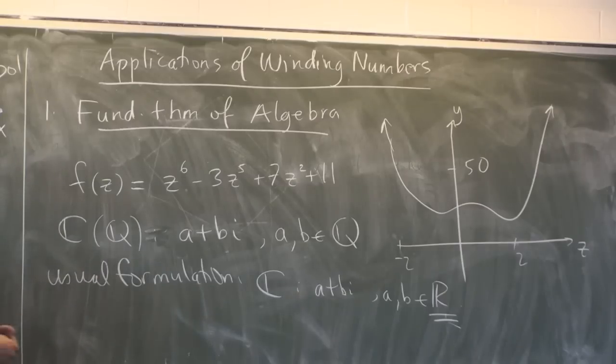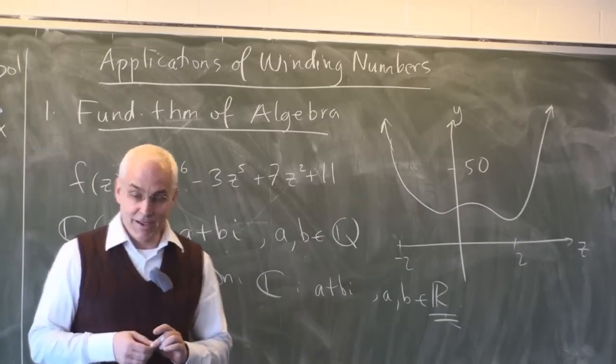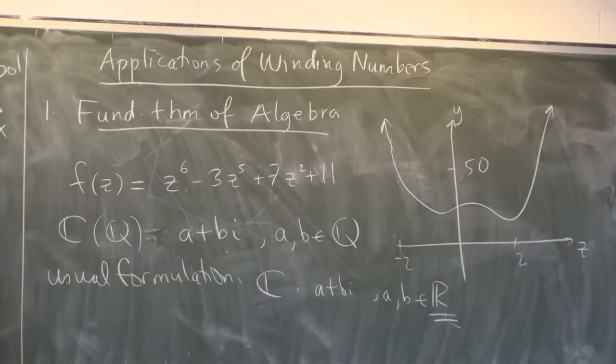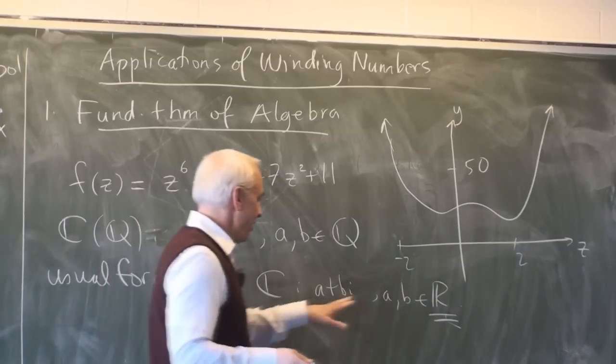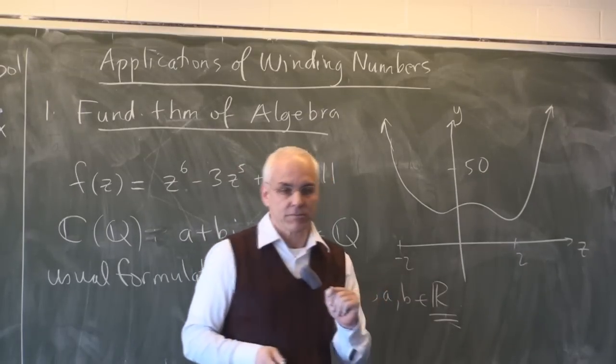There's actually serious logical problems with the real numbers. And these logical problems are swept under the carpet in most courses, and most undergraduates don't really learn what the problems are.